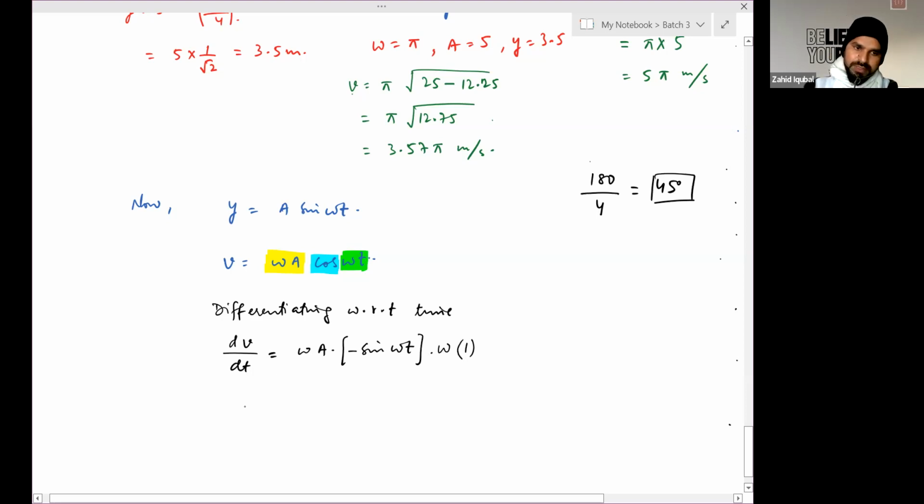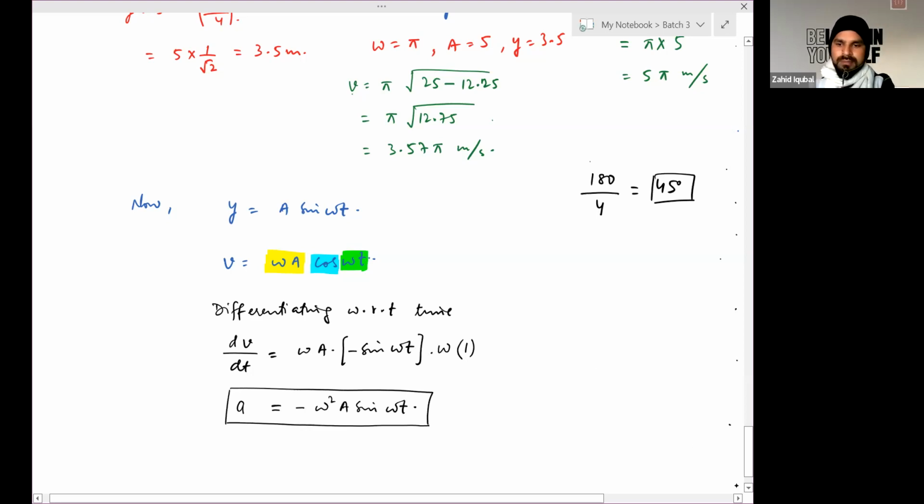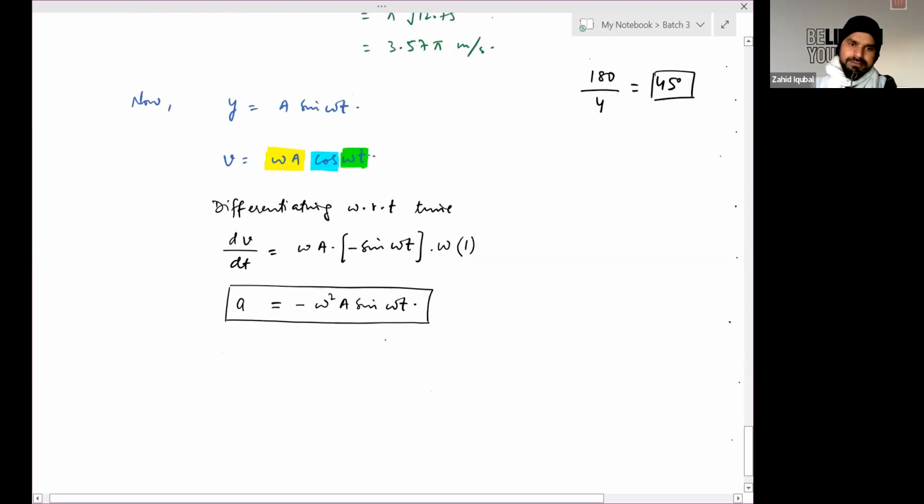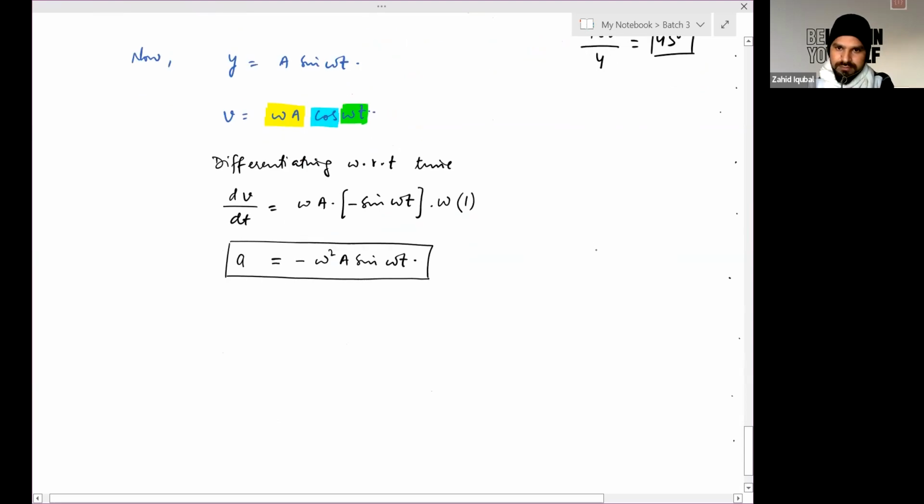So this expression dv over dt will be acceleration, minus of omega square a sine omega into t. So this will be your acceleration. Now, if you transform this particular expression, sine of theta with negative sign may be written as sine of theta plus pi.